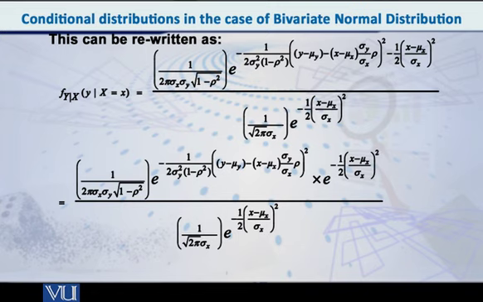Minus 1 over 2 sigma y square into 1 minus rho square multiplied by y minus mu y minus x minus mu x into sigma y over sigma x into rho, and this whole thing square. And then also with it we have another term in the exponent, minus 1 by 2 x minus mu x over sigma x whole square.